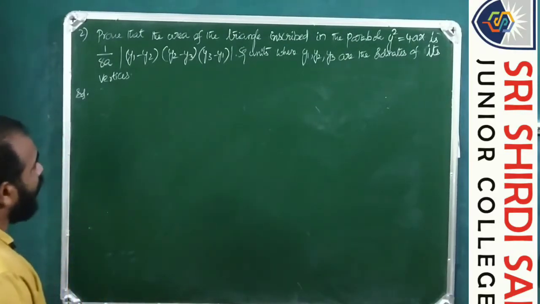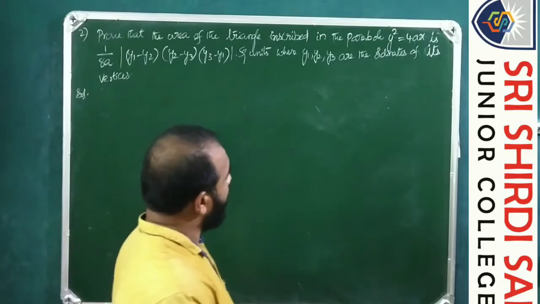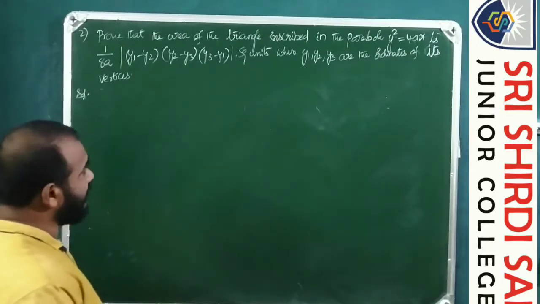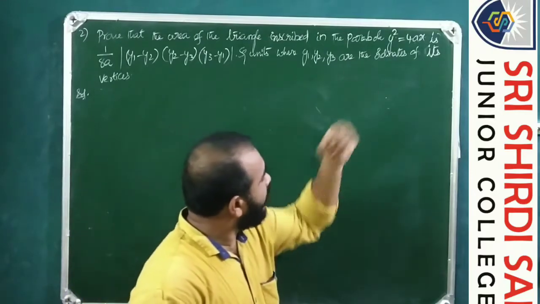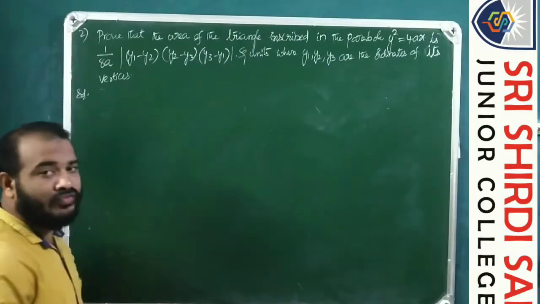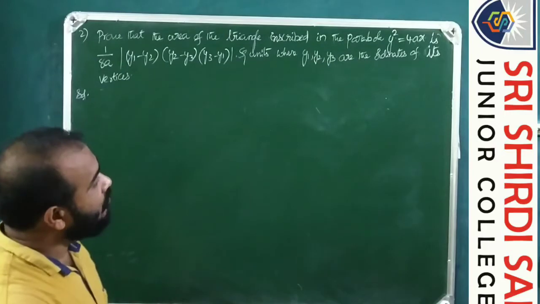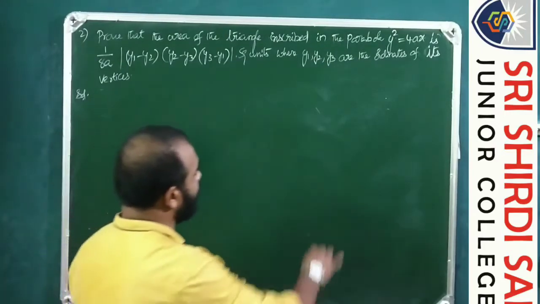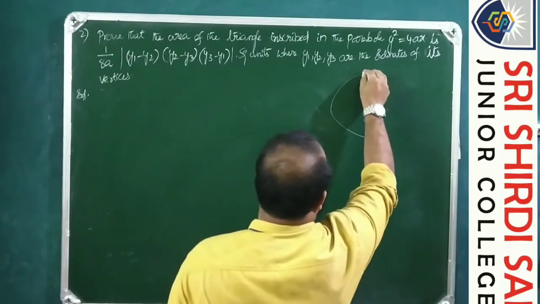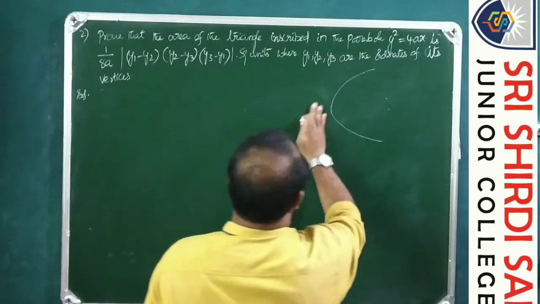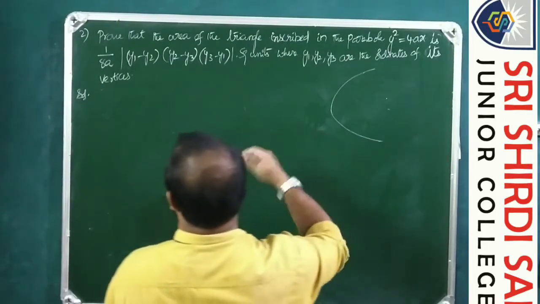Prove that the area of the triangle inscribed in the parabola y square equals to 4ax is, this we need to prove, where y1, y2, y3 are the ordinates, that means the y coordinates of its vertices. Let us suppose that this is our parabola and there are 3 points.